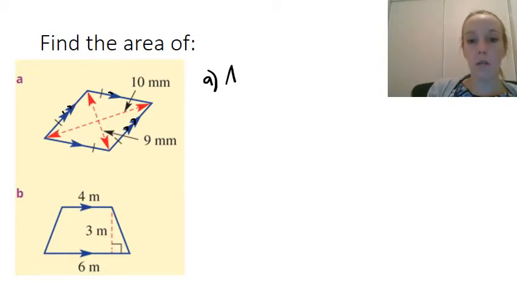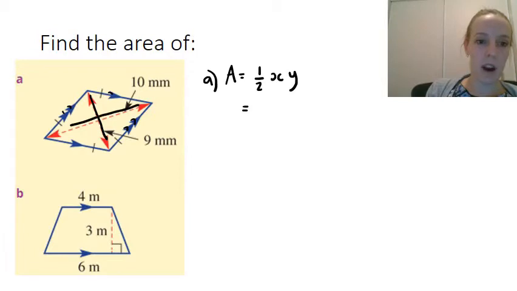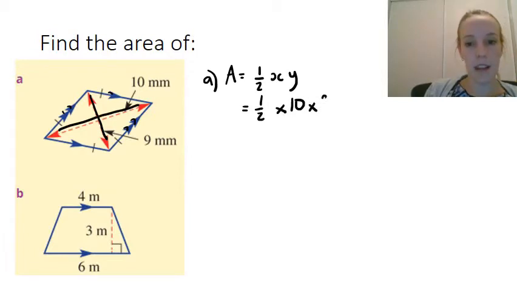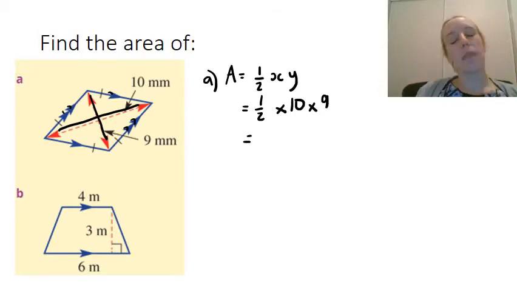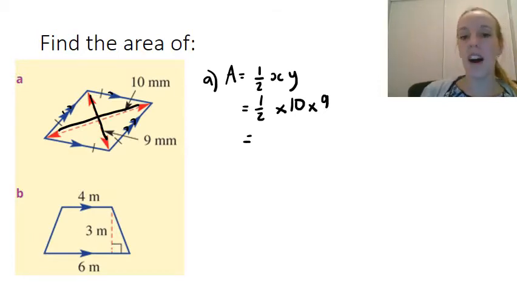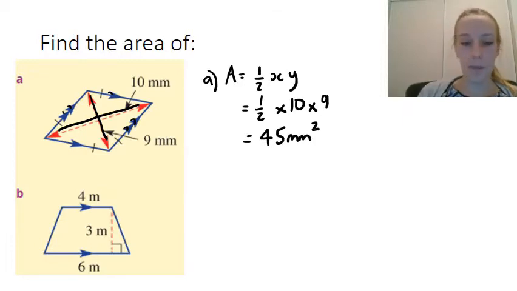The area of a rhombus is a half x times y. We're given our values of x and y here. So it's 1/2 times 10 times 9. A half times 10 is 5, times 9 is 45 millimeters squared. That would be our area there.